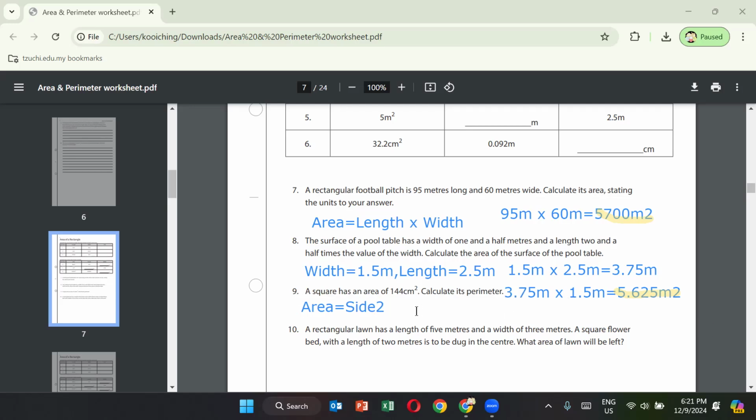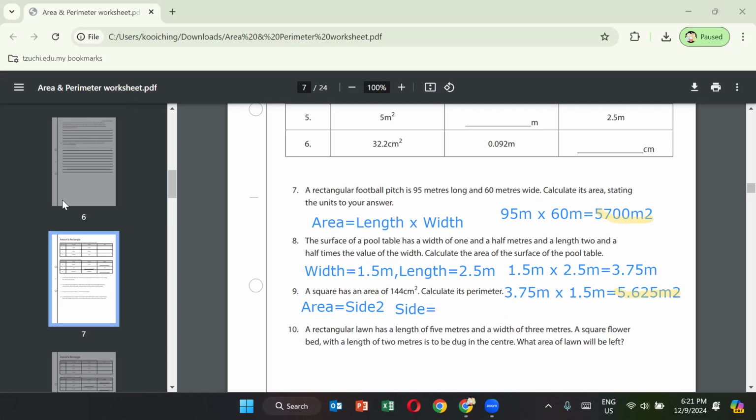Okay, so this will be our calculation. So by finding the sides, we will be finding the sides by doing it in square root form. So I can't really write square root in typing, so I will write it out.